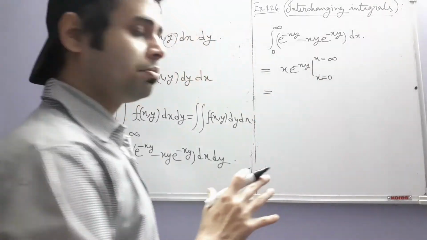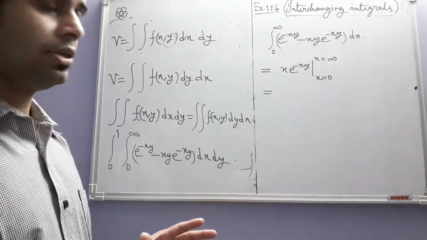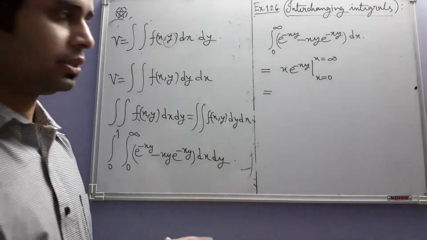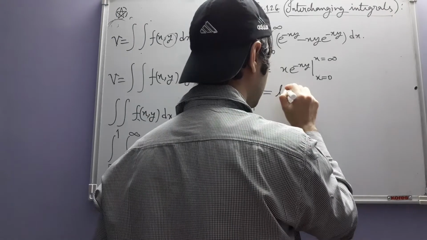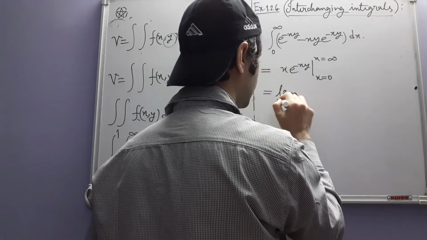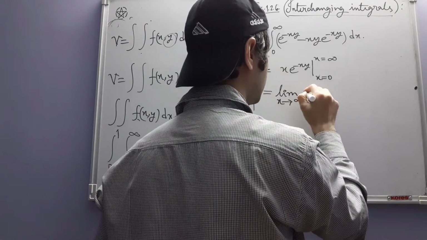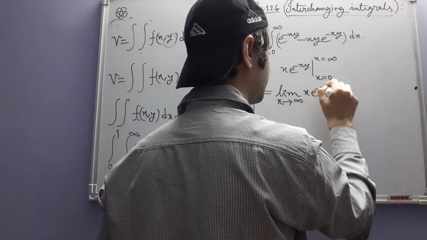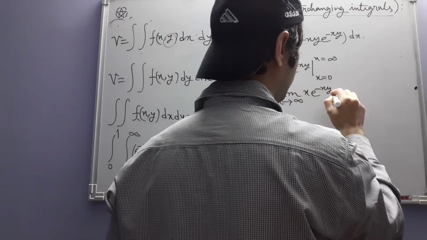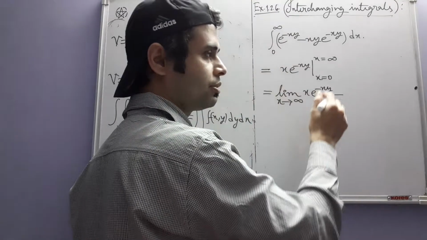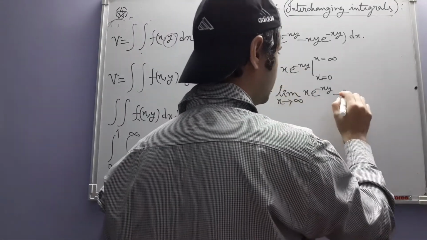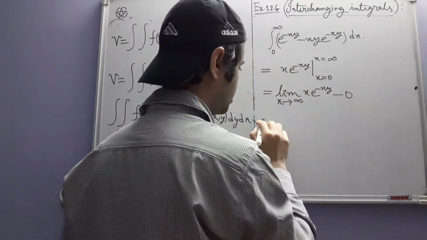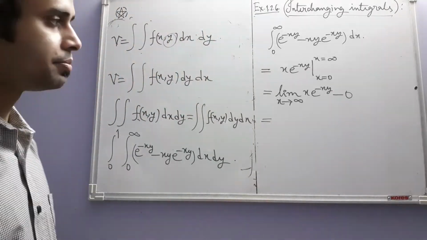Now, when we put x equal to infinity, we don't actually put x equal to infinity, it's rather the limit. Limit x tends to infinity, x times e to the power minus xy, minus, when we put 0, there is no problem. So 0, so this becomes 0. Now we have to find this limit.